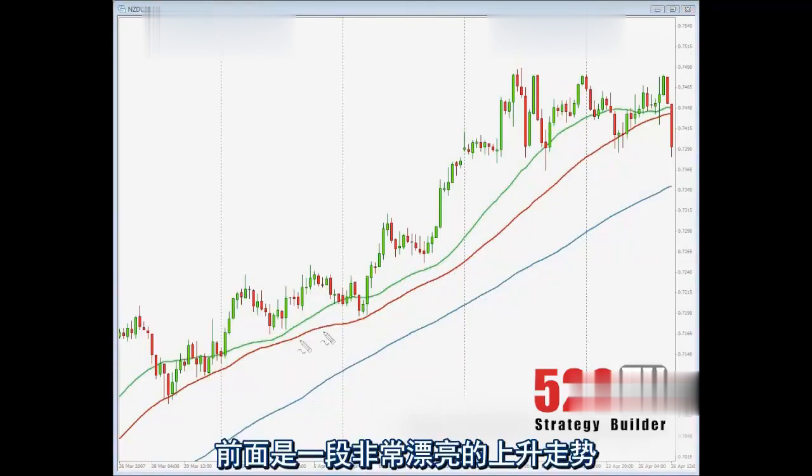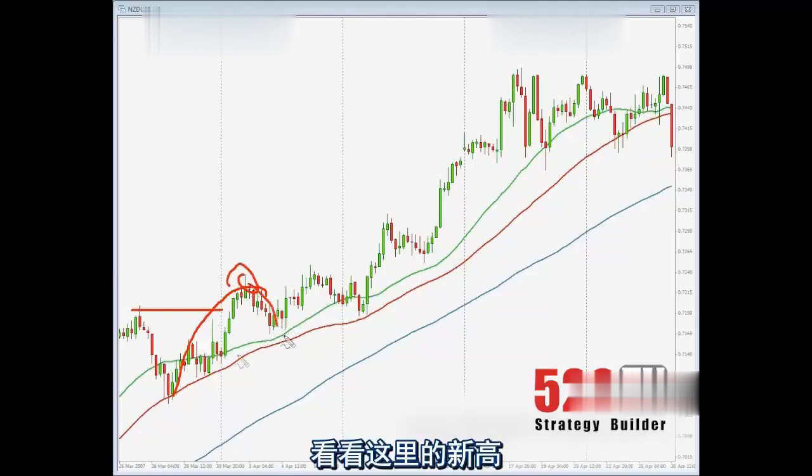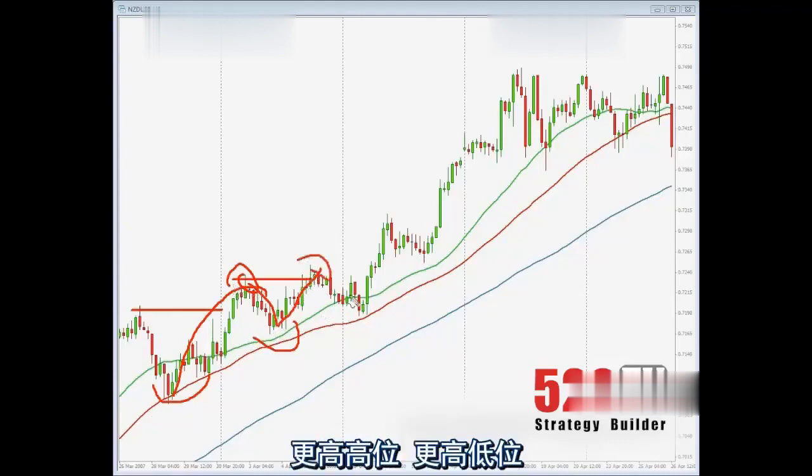We've been seeing a very nice uptrend. Every time price takes off, it makes a new high, retraces back down, scores a higher low, and takes off once again: higher high, higher low, higher high, higher low.